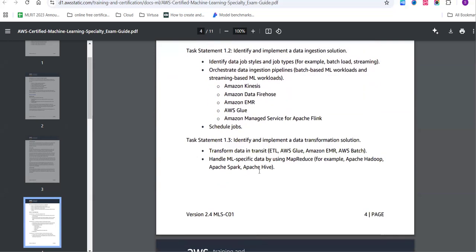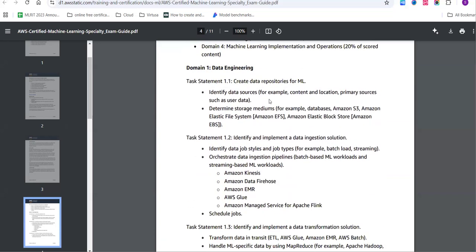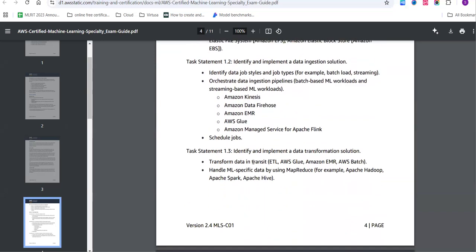And after ingesting the data into our storage, we must perform some analysis, right? Yes, we must perform that. So in order to perform that analysis or processing task, we have these services like AWS Glue, and AWS Batch, and AWS EMR also we have.